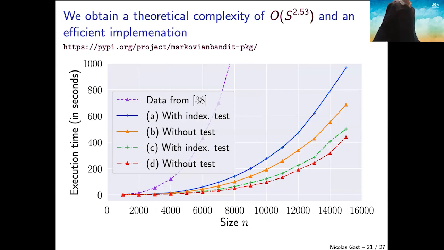For instance, if you compute indices of an arm with 15,000 states, it means you have matrices of 15,000 by 15,000, so like 100 million or 200 million values. But you can still do it in a reasonable amount of time, meaning a few minutes. I mean, maybe more than a few minutes, 600 seconds, more than a few. But it's still a reasonable amount of time.